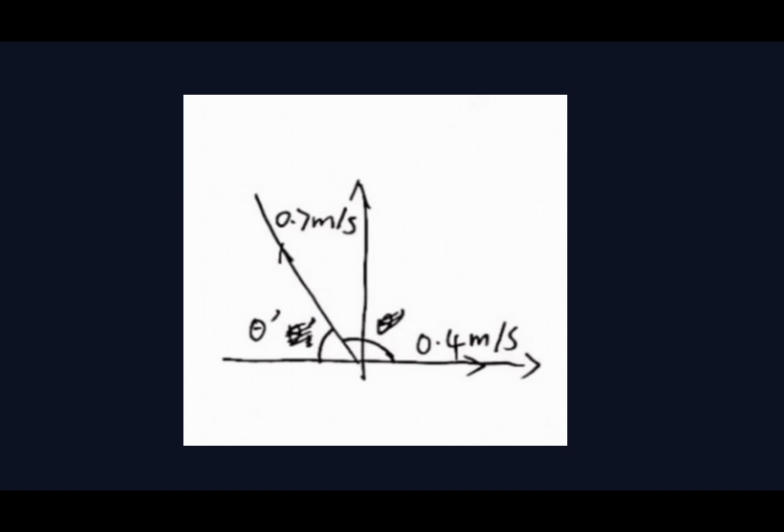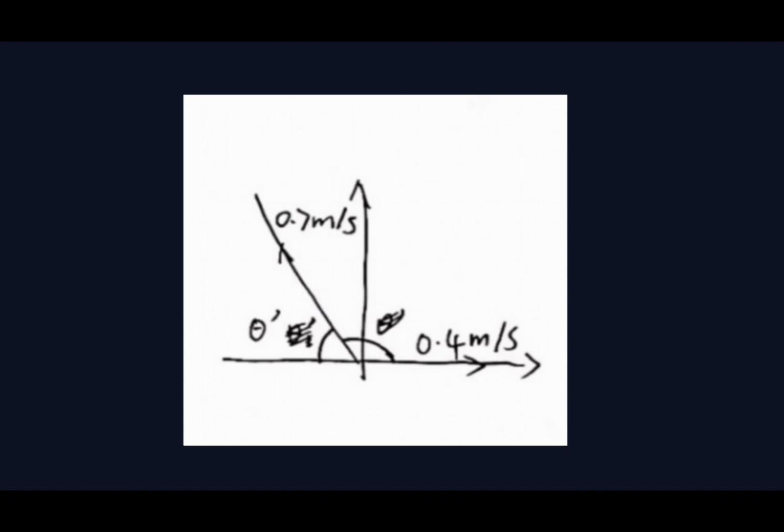There's a graph that I drew myself, because this question is actually asking for the opposing direction, the opposing angle, because the person's motion is directly north. But the current is bringing her to the east side, so there needs to be a component opposing the east side, which is pointing west.